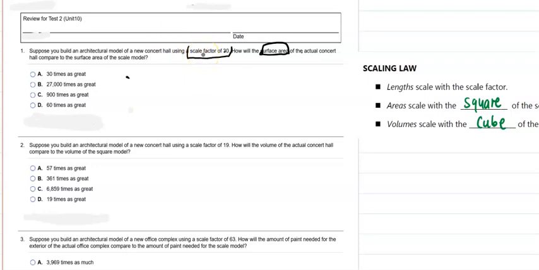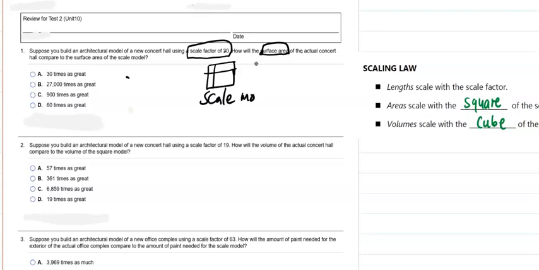What that means is when you make the concert hall, it's going to be 30 times bigger than the model hall in length, width, and height. So let's say this is the scale model hall.